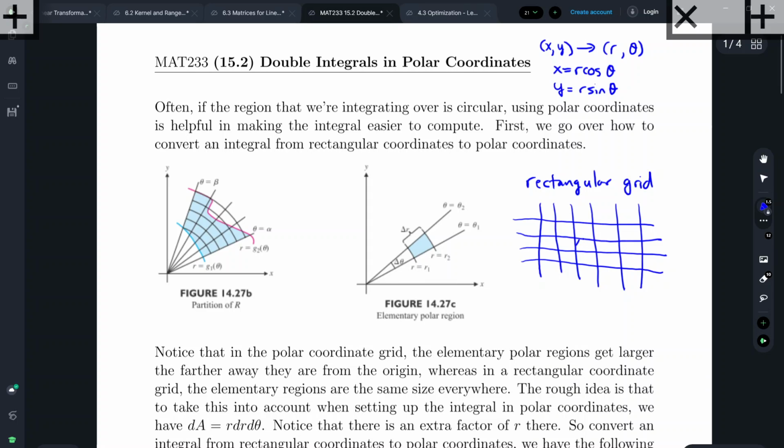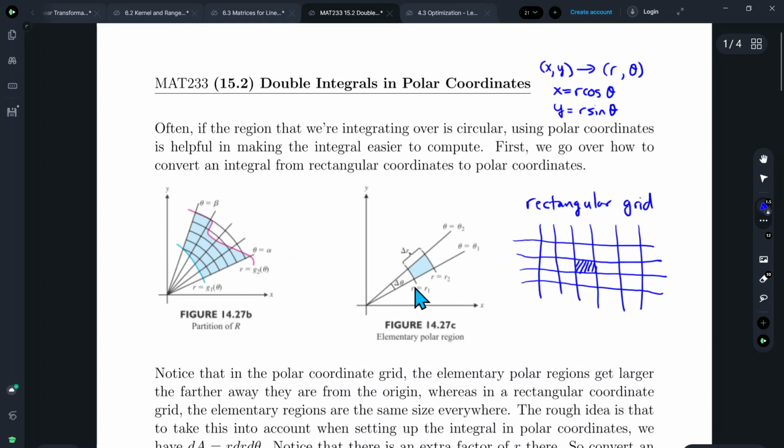But essentially, in a rectangular grid, the elementary rectangles that form the grid are the same size no matter where you are in the plane, whereas that's not the case for polar coordinates, right? So you can see here, when you're closer to the origin, the polar grid pieces are smaller, whereas when you get farther away from the origin, the polar grid pieces are larger.